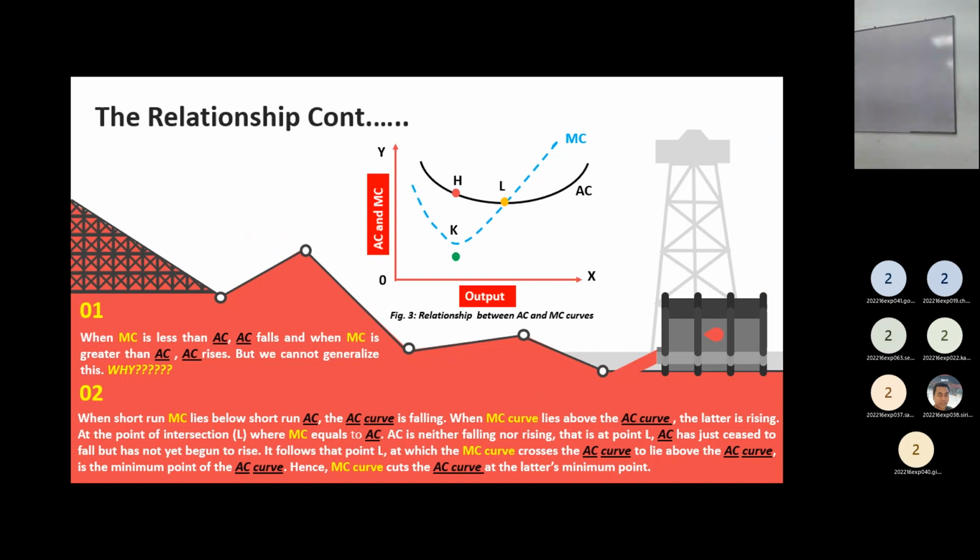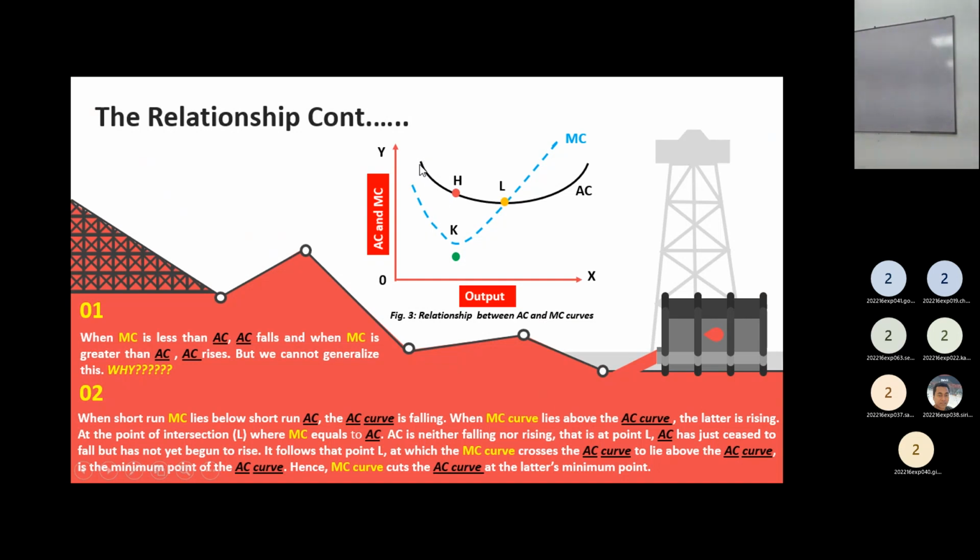Here, this is your average cost curve. Because online students can also understand, I'll do it from here. You could see that when your marginal cost curve is less than your average cost, your marginal cost is below your average cost curve.